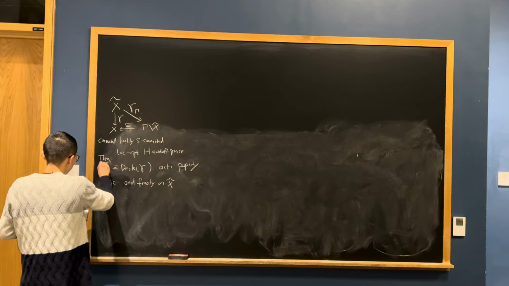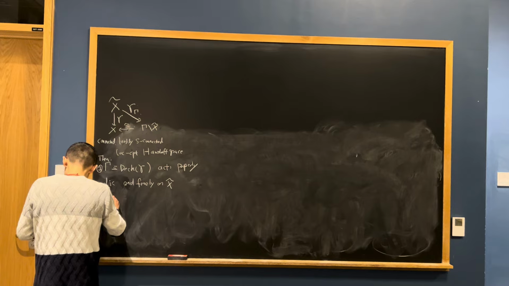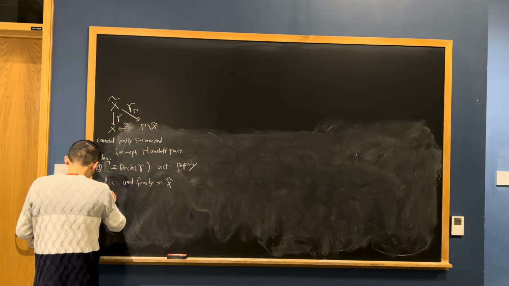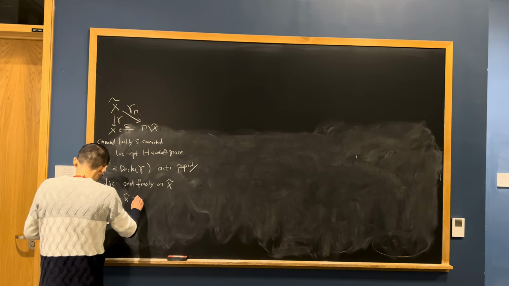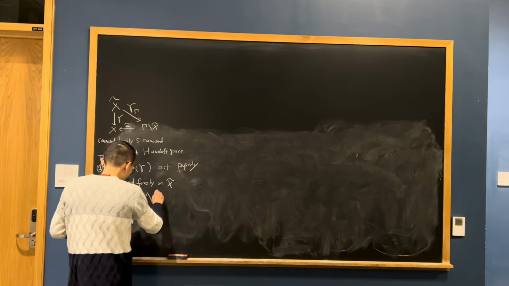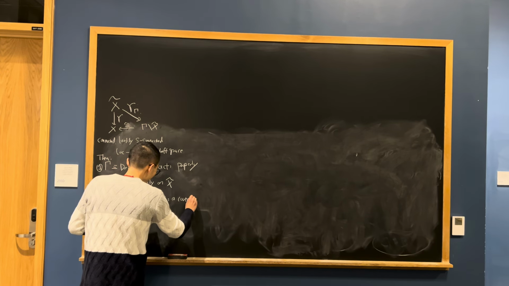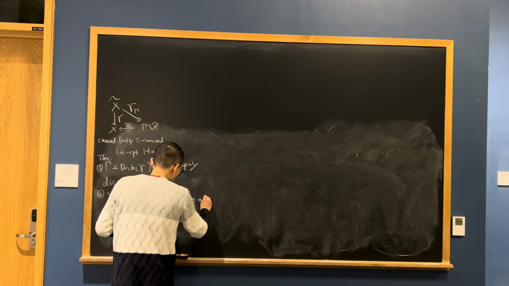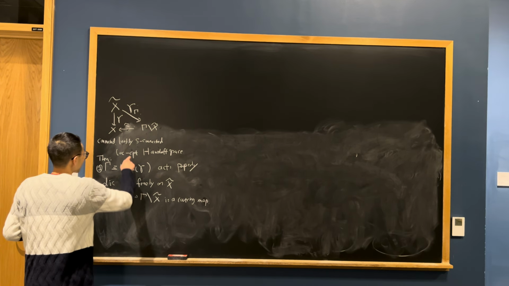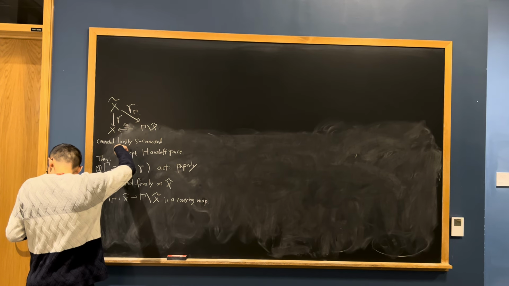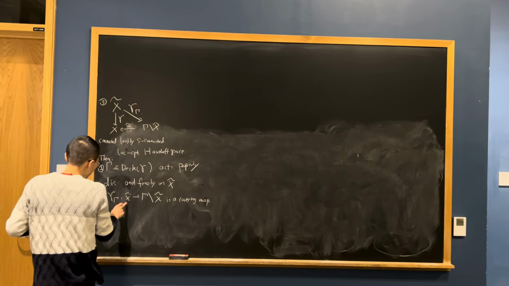So number one, and then number two, the quotient map, so this gamma of gamma from this x tilde to this gamma take away x tilde is a covering map.